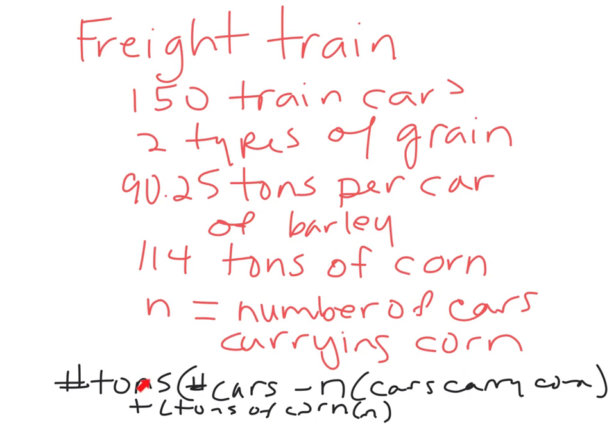So what you want to do is solve for a formula that has the number of tons for barley, so that would be 90.25 times the number of cars altogether, and that was 150, minus N, which is the cars carrying corn, we don't know, plus how many tons of corn we have, so it's 114 per car of corn, times N, which is the number of cars carrying corn. And you solve it that way.